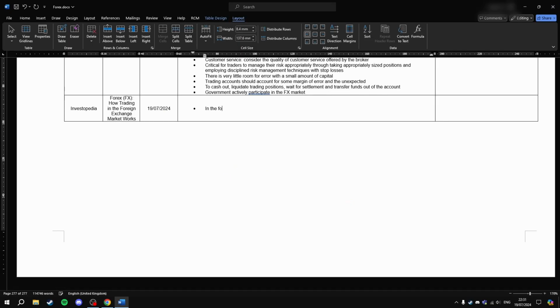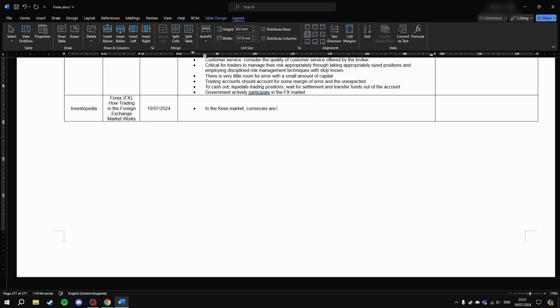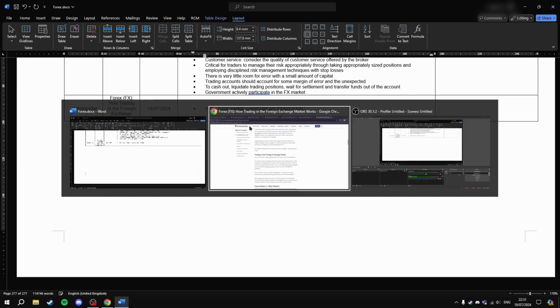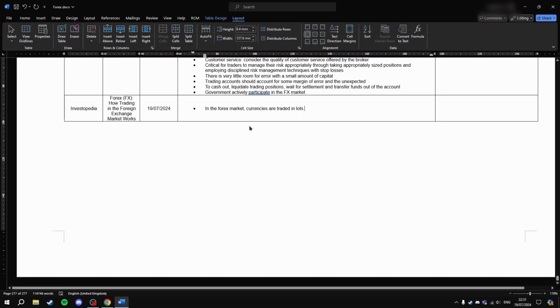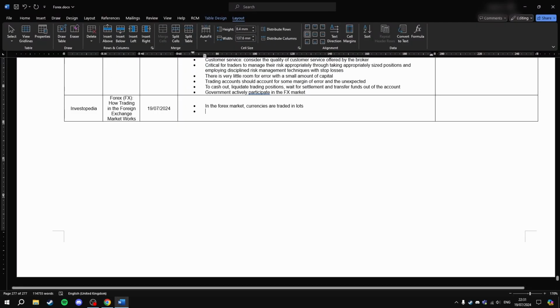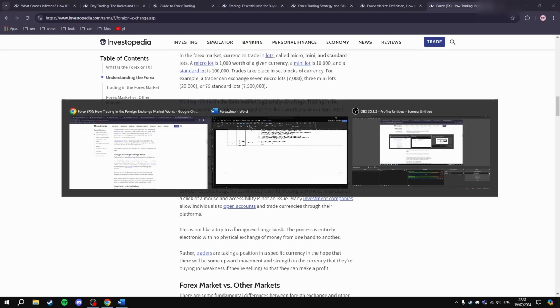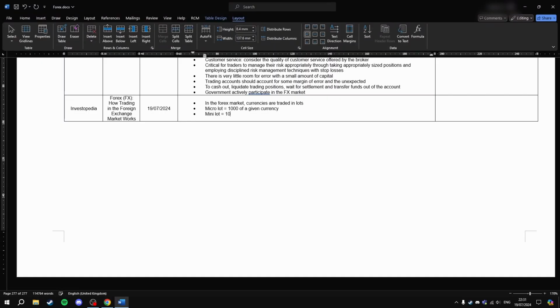In the Forex market, currencies are traded in lots. So a micro lot is 1,000 of a given currency. A mini lot equals 10,000 of a given currency.